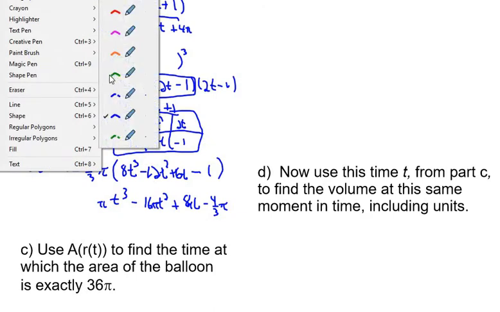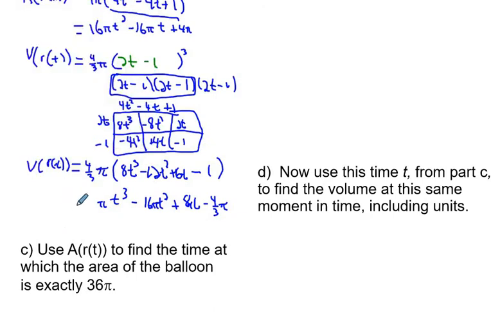So 4 times 8 is 32/3. That does not reduce. Let's go through the rest of them. 4/3 times 12 would be 48 divided by 3, so that is 16. And 4 times 6 is 24 divided by 3, so that would be 8 pi, and then 4/3. Sorry about that little mistake there. Okay, so that would be V of r of t.